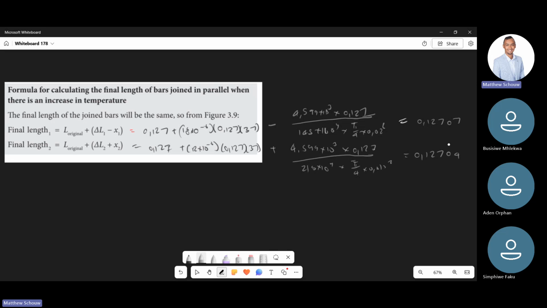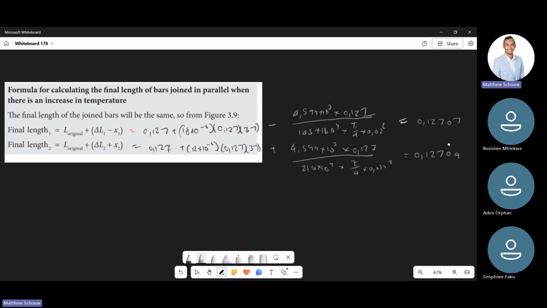0.012 squared. I'm just confirming. Yeah, okay, I see it is 0.12707. It should be nearly the same. Let me just change this one to 20. 18, and this one is 12. Okay, this one must be 215.